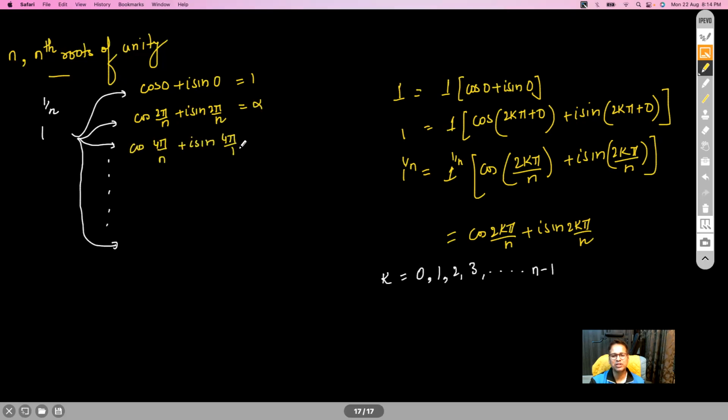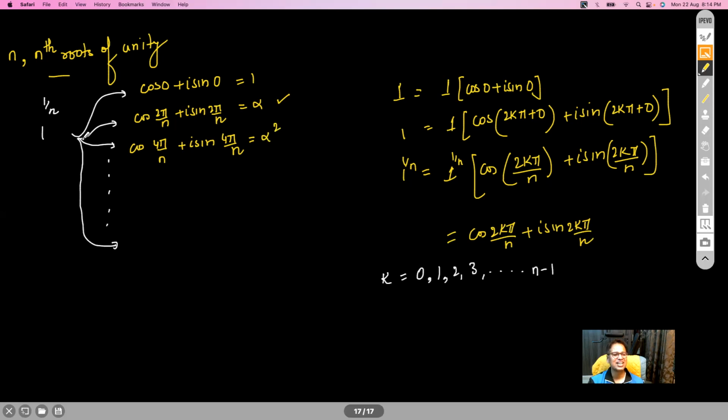Next value will be, when you put 2 here, it will become cos 4 pi by n plus i sin 4 pi by n. Now, mind you, my dear, if this guy is called alpha, what should be the name of this guy? Any guesses? Right, alpha square, because this is just the square of that.